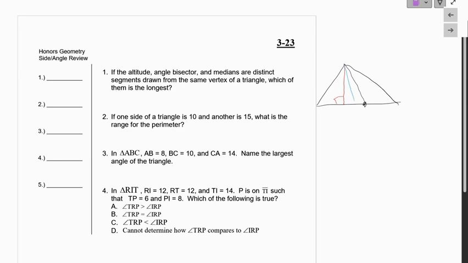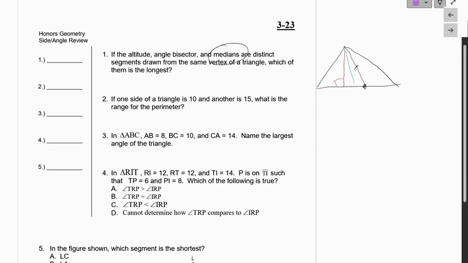I didn't draw this super well, but if I drew it more carefully you would clearly see that. In this case, I'm just going to circle median. The medians would be longest if they're all distinct, and distinct, by the way, means different.